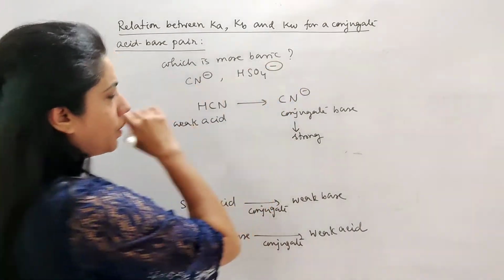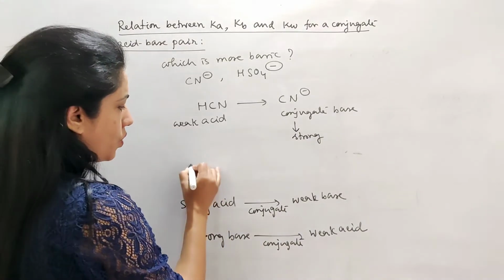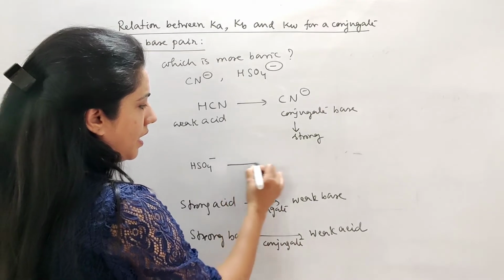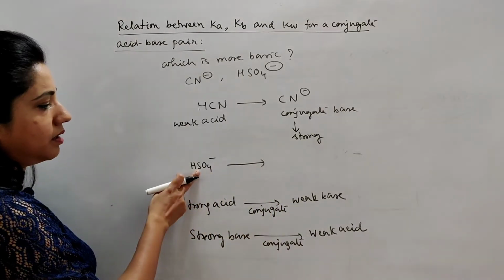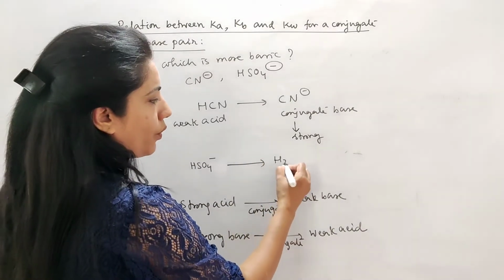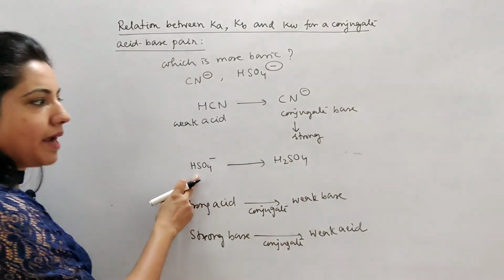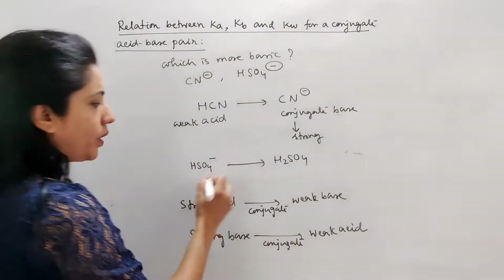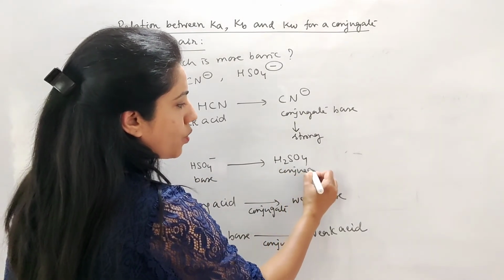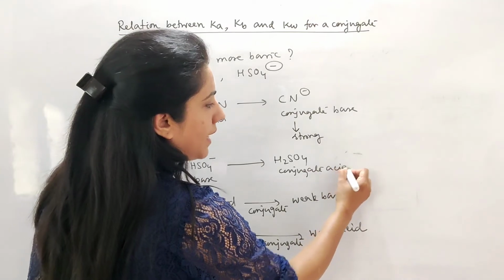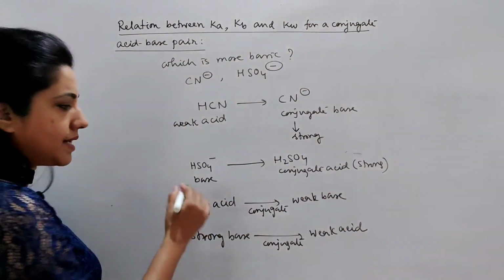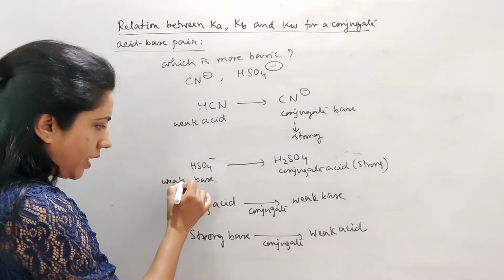If hydrogen is added here, you will get H2SO4, right? This is a base, and the conjugate acid of this is H2SO4. And we know that this is a strong acid, so this will be the weak base.